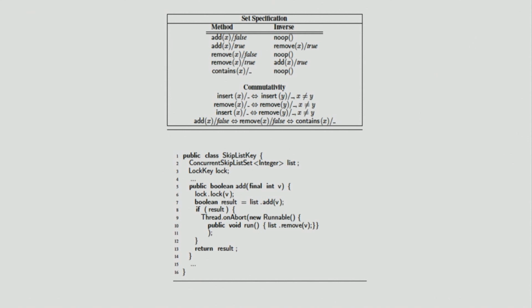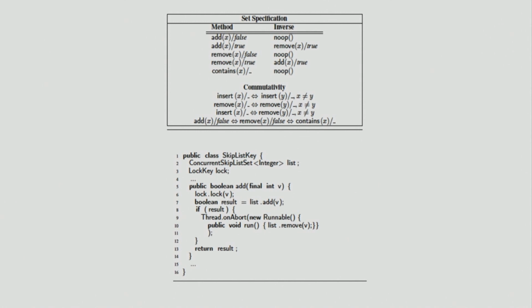However, if my list add v was successful, in other words, I really inserted the element in the set, I have to prepare an inverse operation so that if this transaction that calls the add aborts, I remove the element from the set, because the transaction has to leave no effects when it aborts.